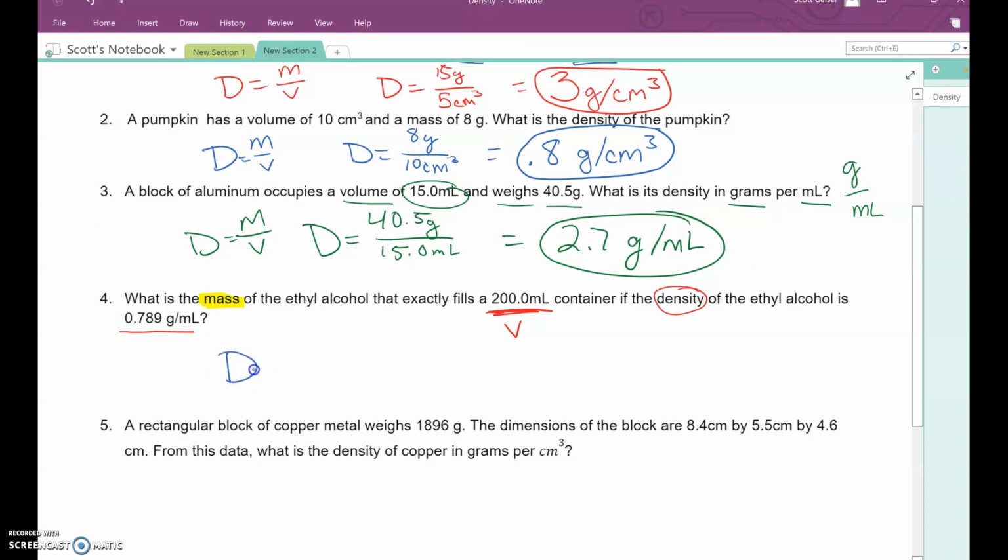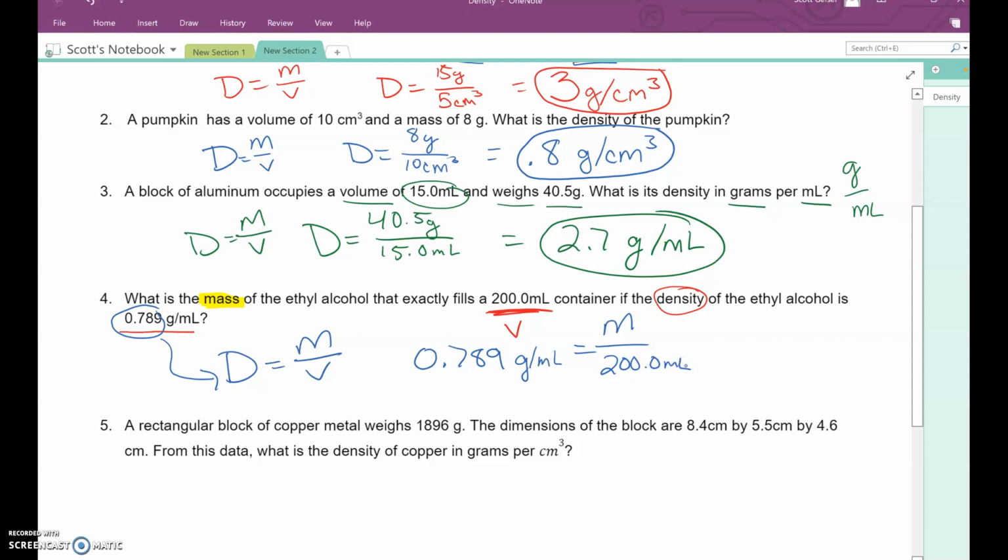If I have density equals mass over volume, guys, you're still going to just plug in what you know. Now it gives me the density, so I'm going to plug this in for density. You have 0.789 grams per milliliter equals my mass, which I don't know, over 200 milliliters.